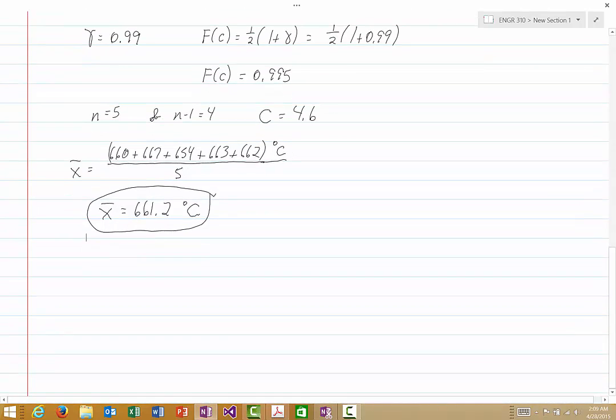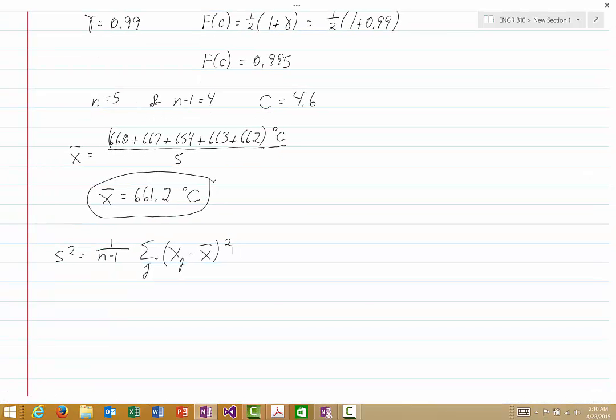And now what about s squared? Well, s squared is equal to 1 over n minus 1 times the sum over j of xj minus x bar squared.